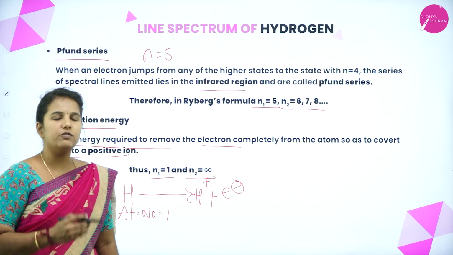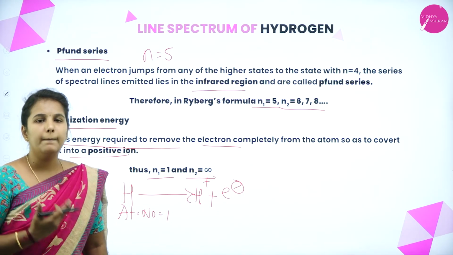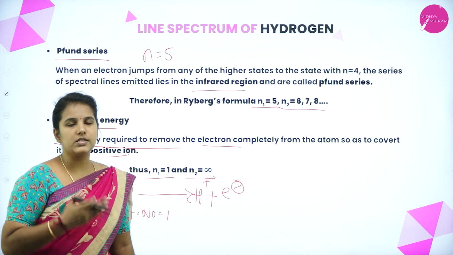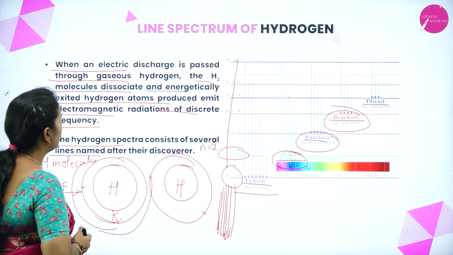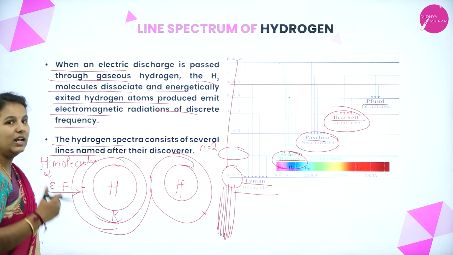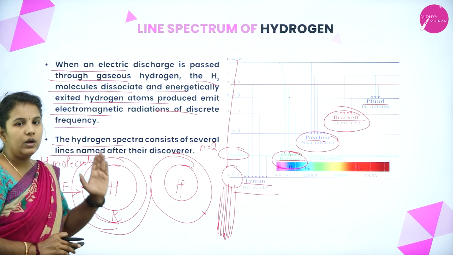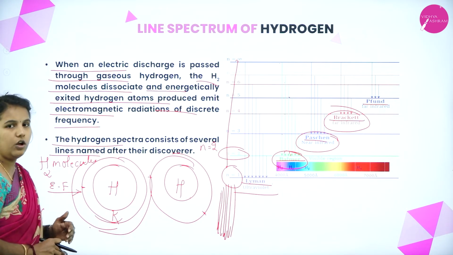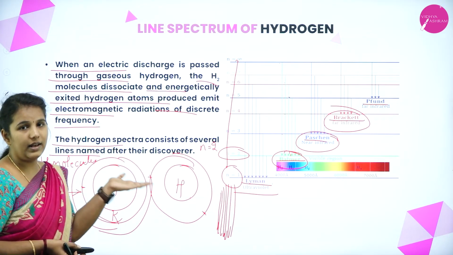So this concept was studied after the discovery of the Lyman, Balmer, Paschen, Brackett and Pfund series. Hence, it is known as the line spectrum of hydrogen. Just remember, in case of hydrogen, what they have done is taken hydrogen gas and passed an electrical current. When the electrical current is passed through the hydrogen gas molecules, they get dissociated and produce electromagnetic lines.